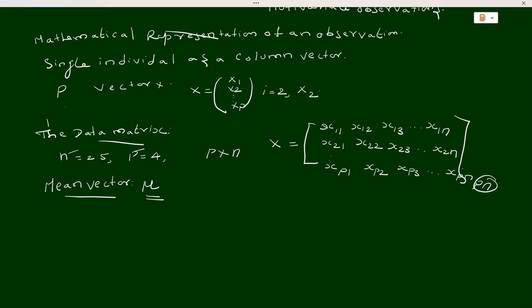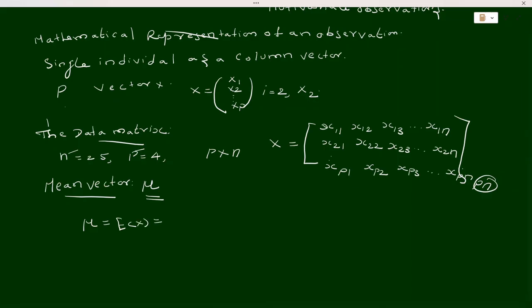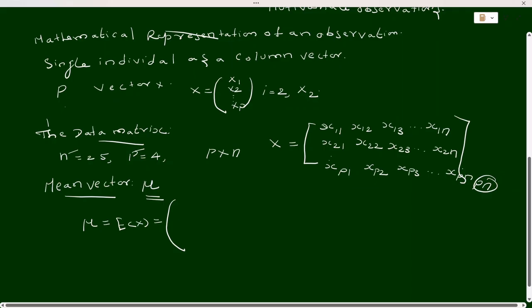So this mu is the expectation of X. X we have written as x1, x2, x3, etc., xp.